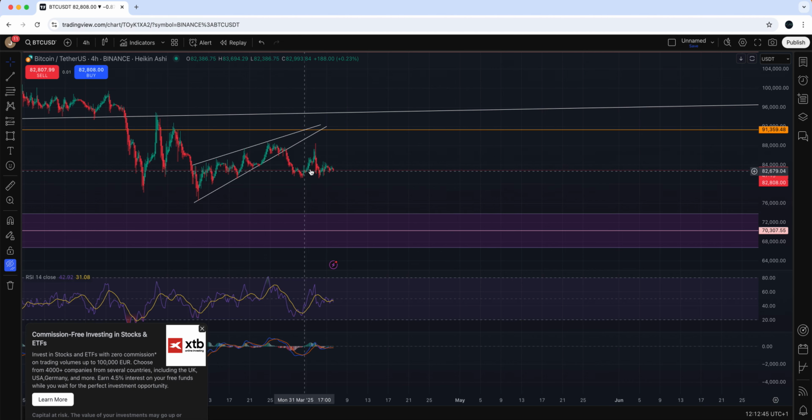Looking here, we could be forming a double bottom. So that's the first one, and the second one. Now if we did run up and come to this point, which is also an area of support and resistance, so if I put a line here, we'll be looking at this forming a double bottom.